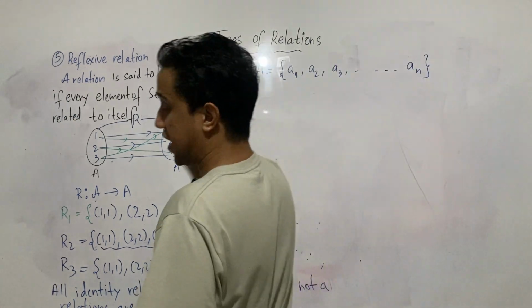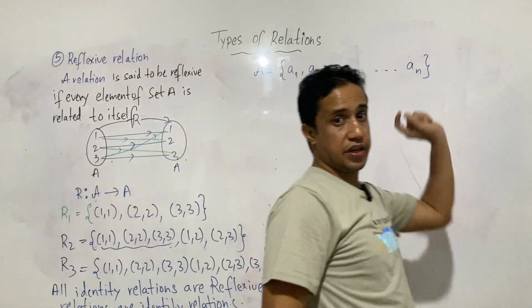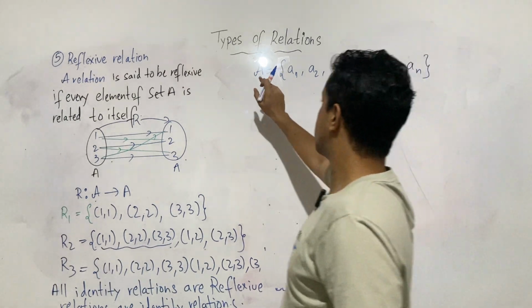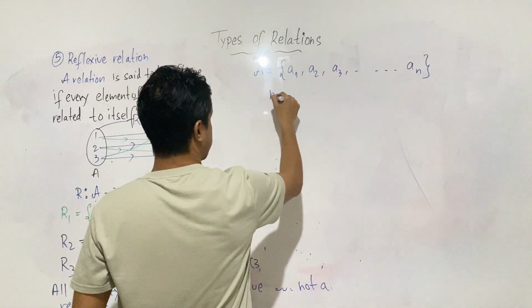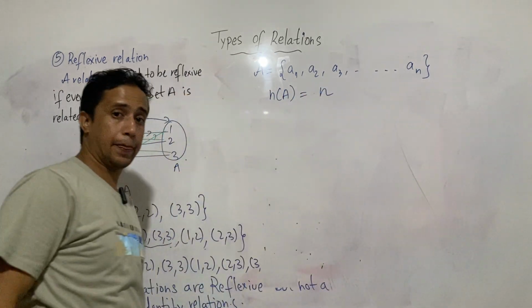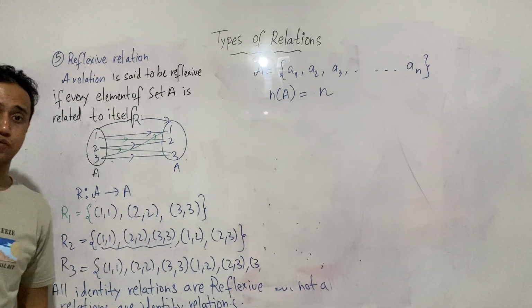So A is the set of n numbers. I can say that the number of elements in this set A, which is represented by n(A), is going to be n. I hope you agree with me, right?